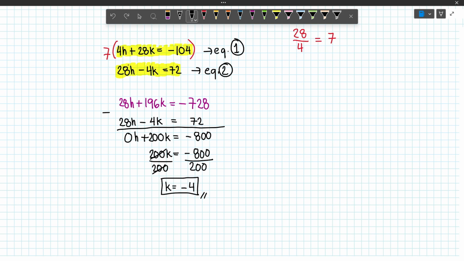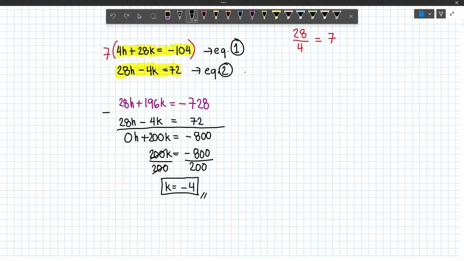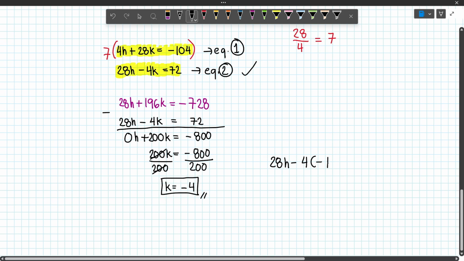Now, in order to solve for h, we need to plug in this value into our equation, any of these. So let's use our equation 2. 28h minus 4, our k is negative 4. Negative 4, again, for this one, equals 72. 28h, negative 4 times negative 4 is plus 16 equals 72. 28h equals 72 minus 16, which will become 28h equals 56.